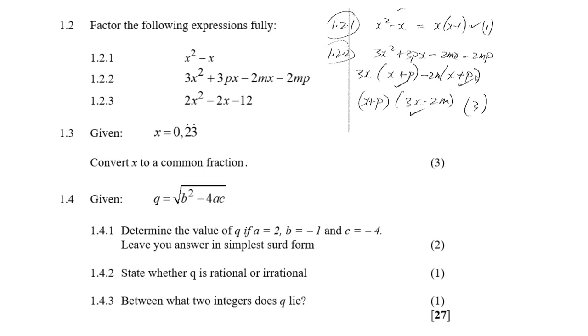I'm kind of glad for that because now I'm looking at the common factor that's here, x plus p. I write it down in front, and there's my answer. x plus p times 3x gives me this part, times minus 2m gives me this part. All done.